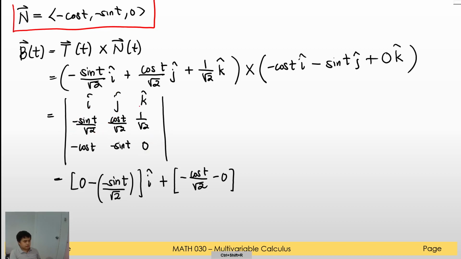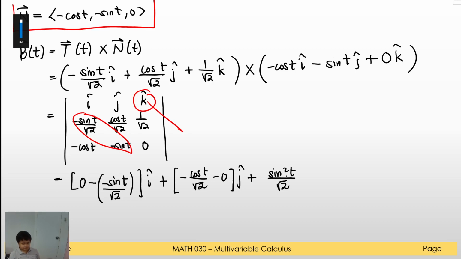And then for k, trace this out, this will become positive. So we have sine squared t over the square root of 2, right?